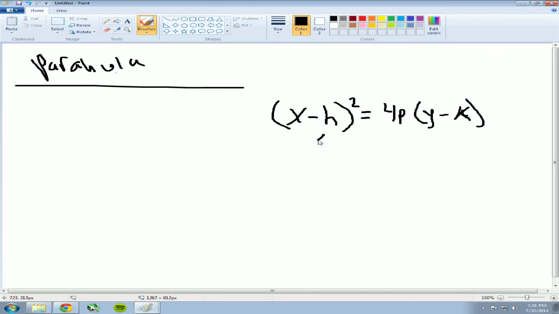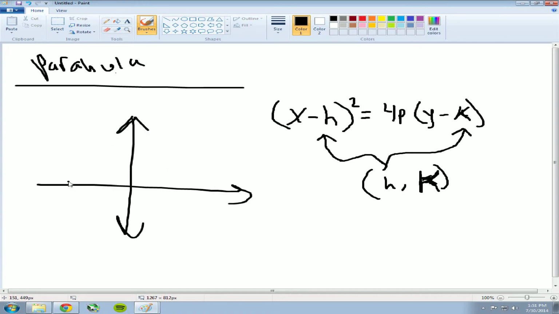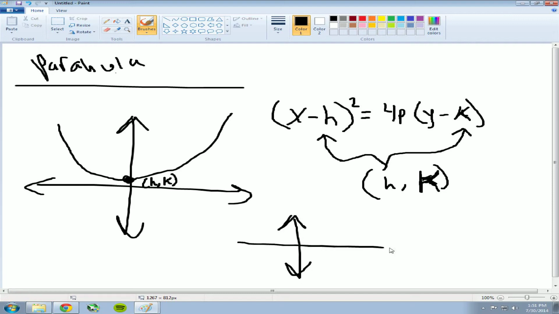One, the h and the k is going to be the vertex. So if I have a graph like this, the very bottom part is going to be h, k. Or if I have something like this, this part is going to be h, k.